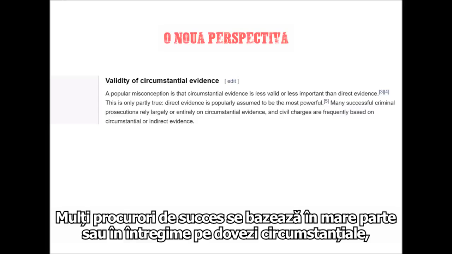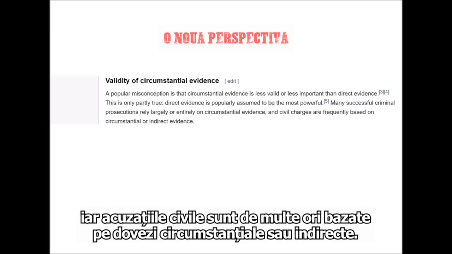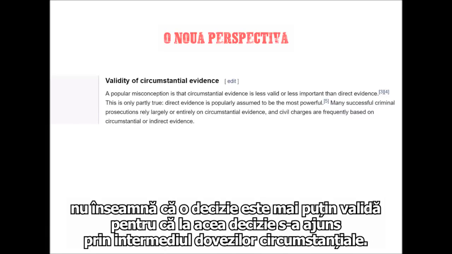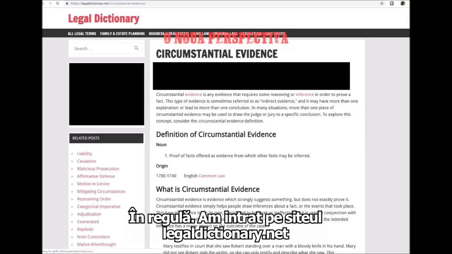Many successful criminal prosecutors rely largely or entirely on circumstantial evidence, and civil charges are frequently based on circumstantial or indirect evidence." So, long story short, they're basically saying, even in a court, criminal or civil, where a judge comes to a decision, it doesn't necessarily mean a decision is less valid because the decision was arrived at through circumstantial evidence.